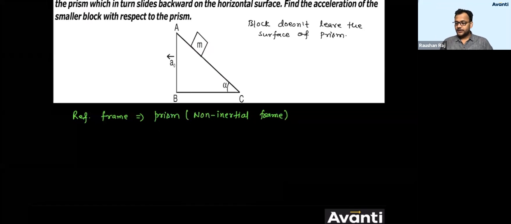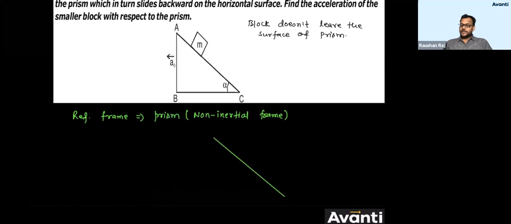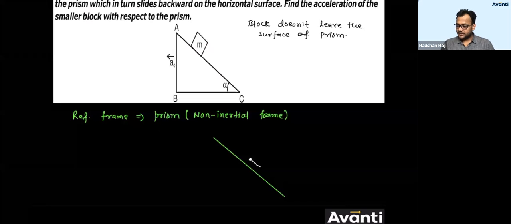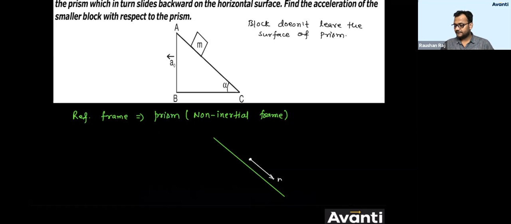Look at the free body diagram. If I draw the free body diagram of this block, I will show it by a point, because the diagram is not coming out well today. So if this is the block, okay? This is our block. Down the plane there will be one force, mg sin alpha.